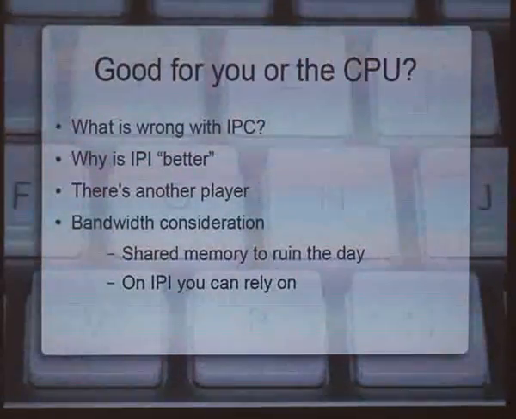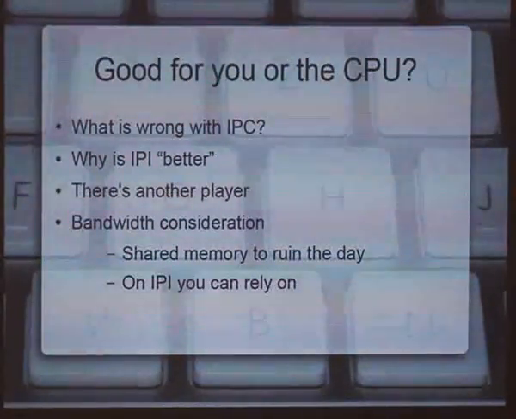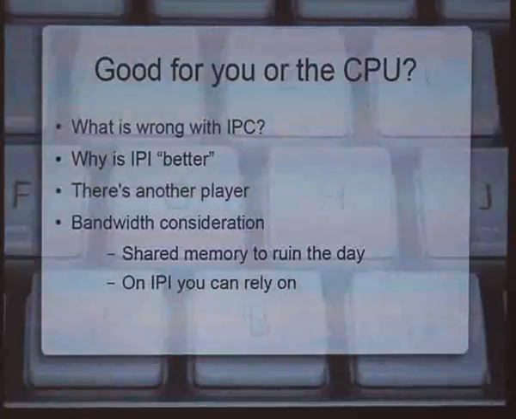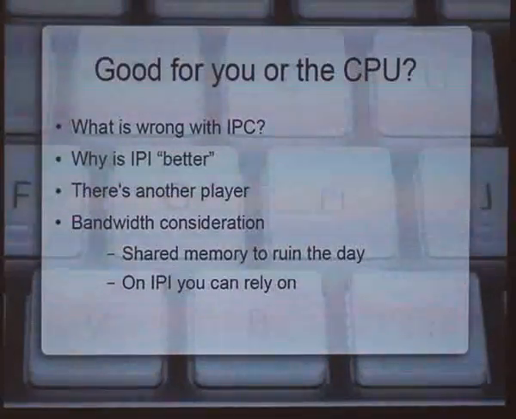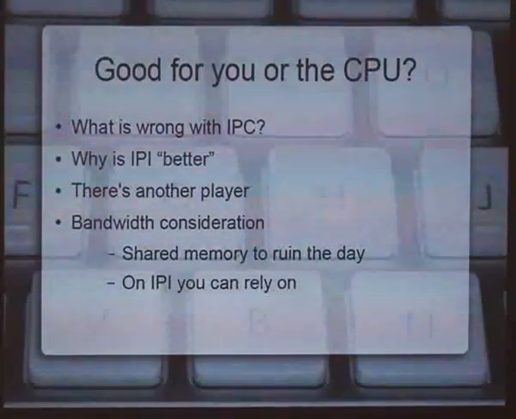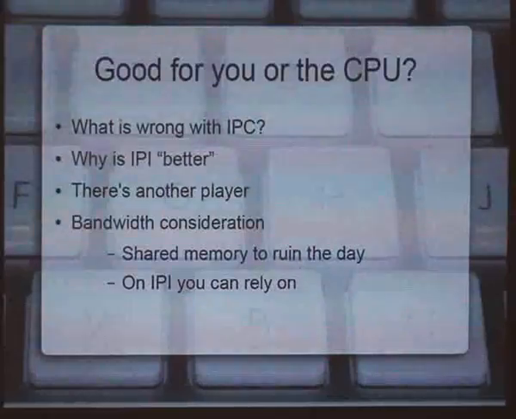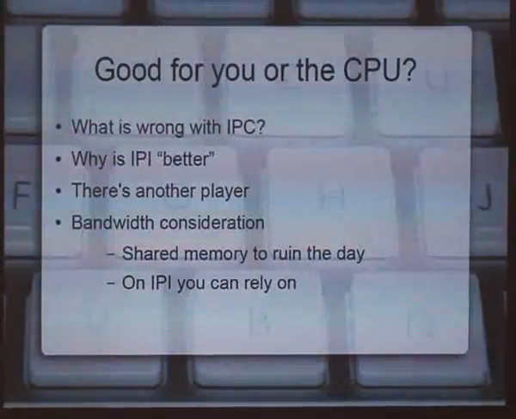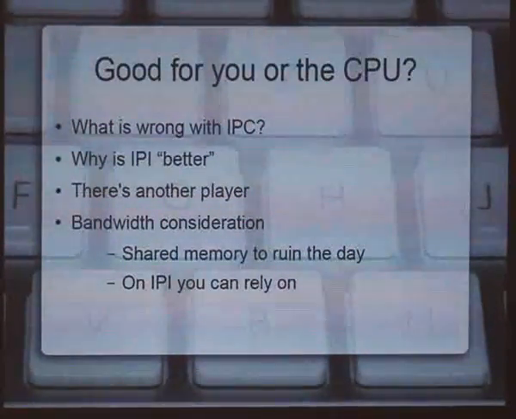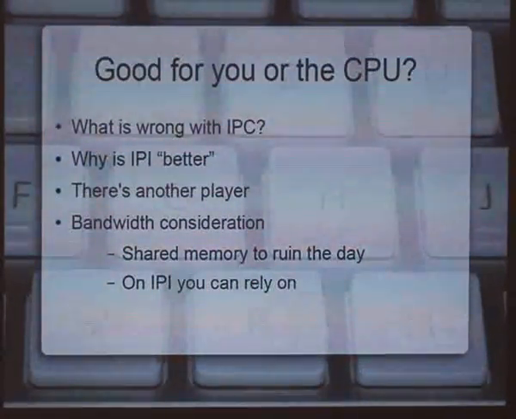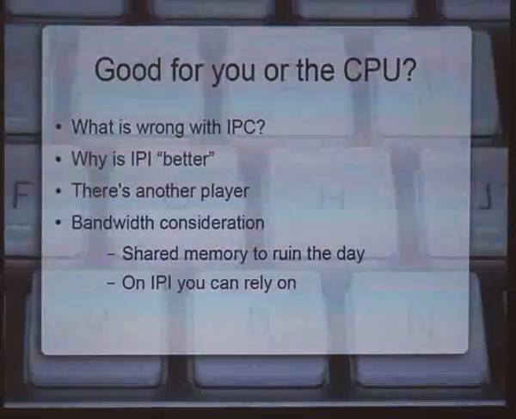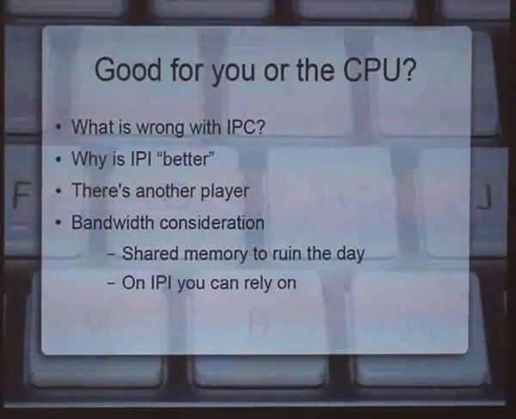Imagine 16 CPUs. When you want all of them to access a certain memory location, you need to use some atomic operations to make sure that all of them access it at the same time. With IPI-supporting systems, it's all done in the background. And there's always another player, the CPU, that wants to gain access to the same memory location, and you get into trouble.